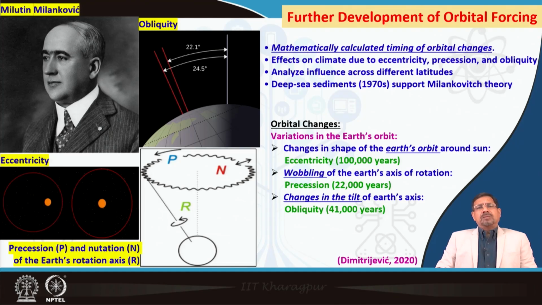So, in terms of the orbital changes, the first one is changes in the shape of the Earth's orbit around the Sun, which is explained by the term eccentricity.